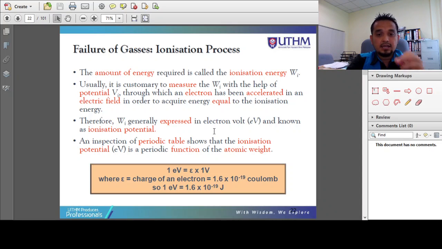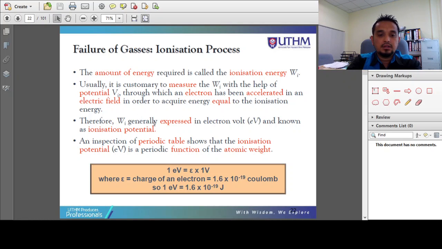In this case, we generally define the ionization energy in electron volts, also known as ionization potential.